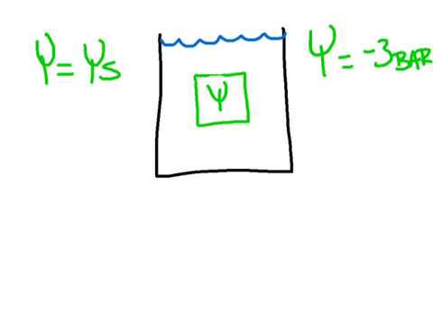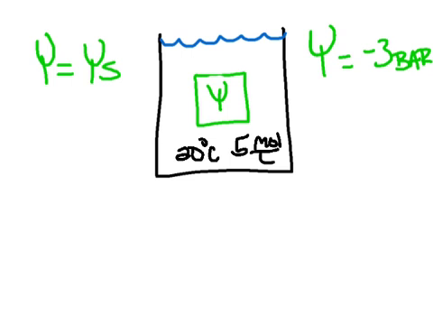So the water potential for the solution here is going to be the solute potential. Now, let's assume that the temperature for our beaker is 20 degrees Celsius, and that the molarity inside here is 5 molar, so moles per liter.